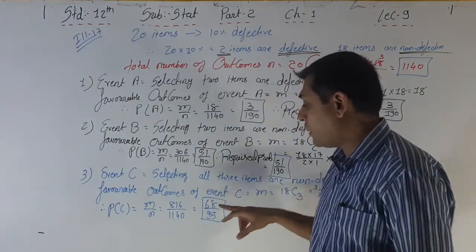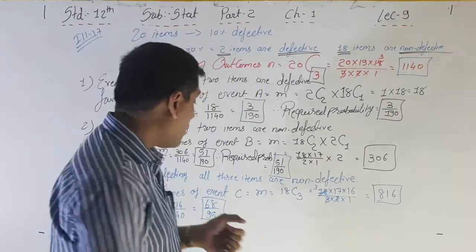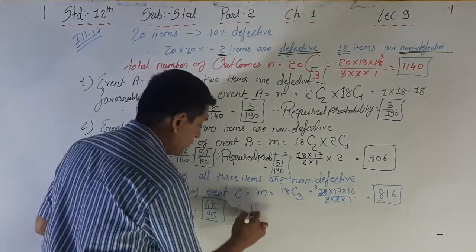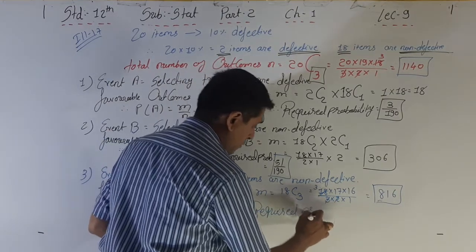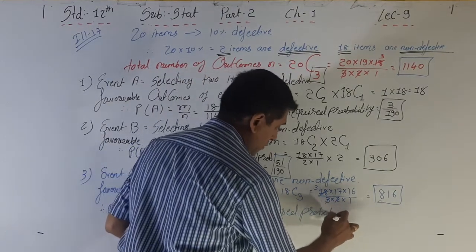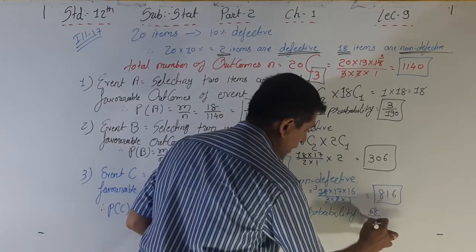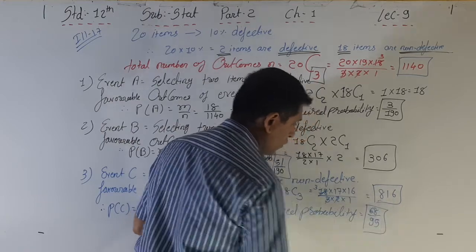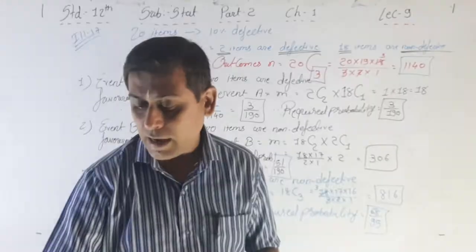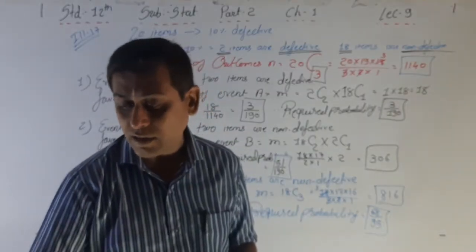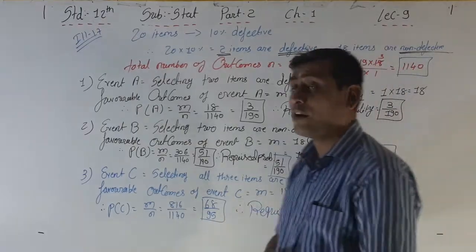That's why the final answer is 68 divided by 95, and therefore the required probability is equal to 68 by 95. Final answer. Please keep in mind that you must not write the answer in decimal. You have to write your answer compulsorily in fraction.